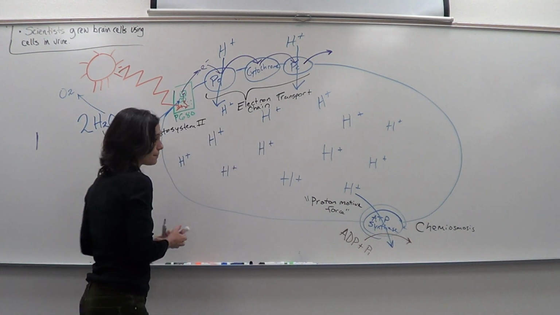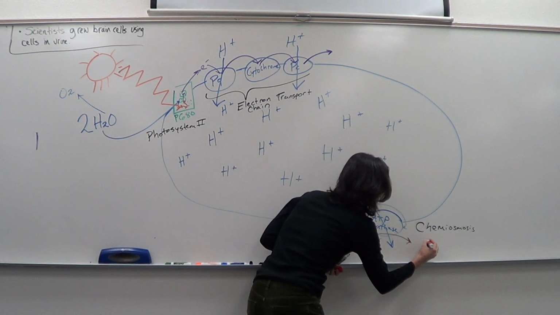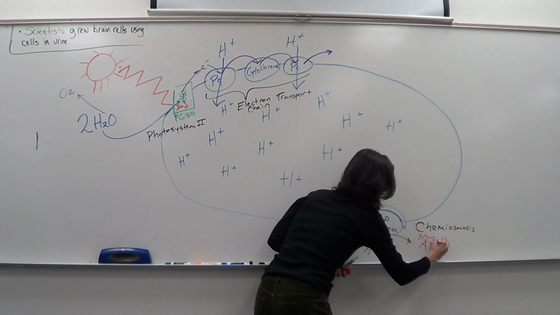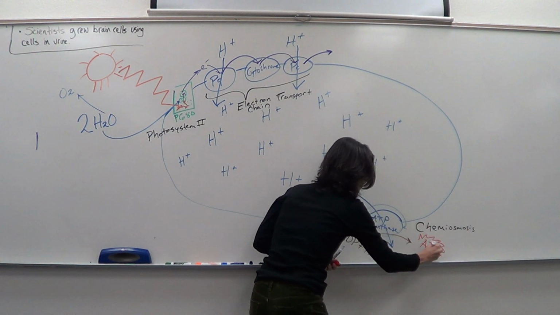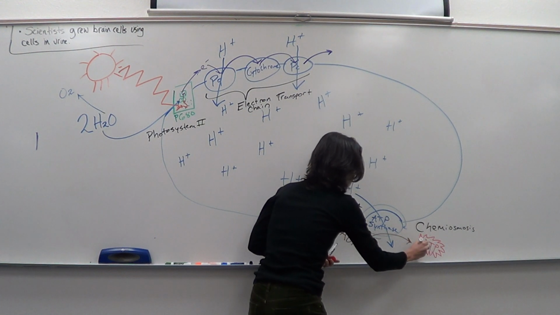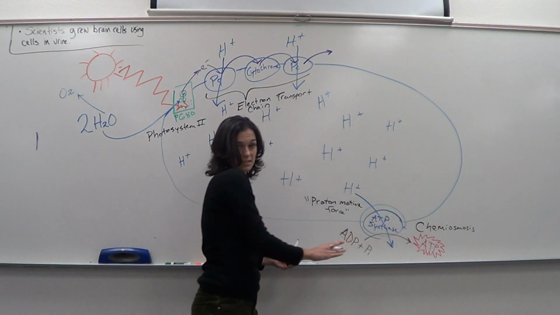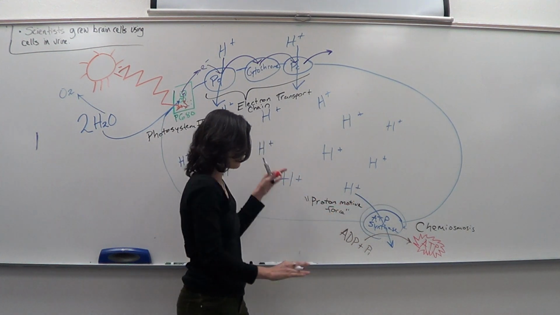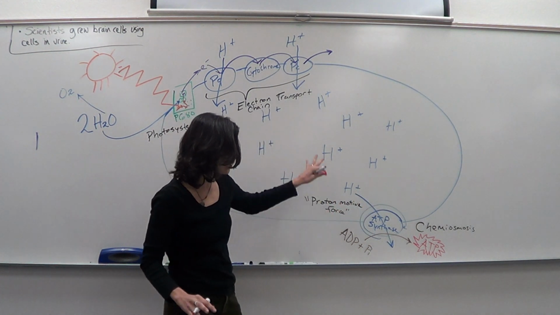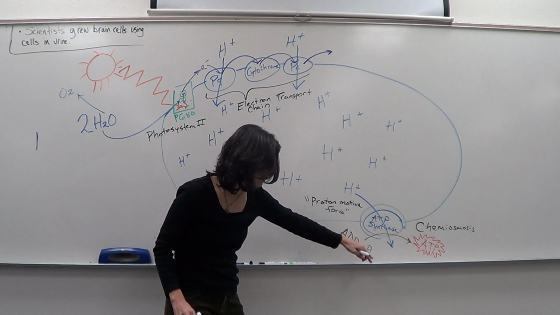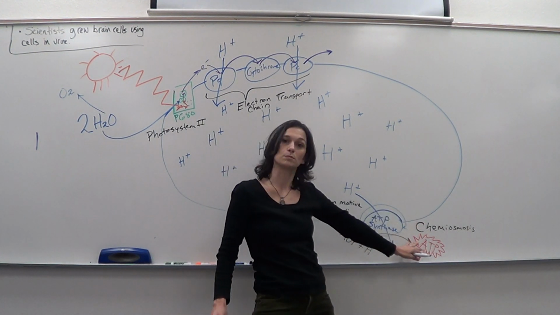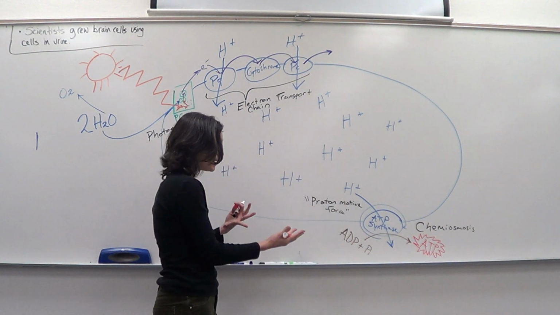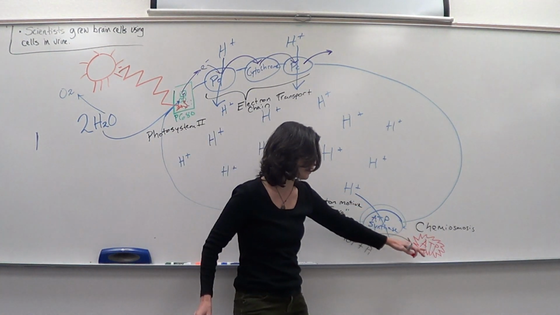What is going to pop out the other side is a high energy molecule of ATP. So basically this is stored energy that's going to be used later on when we get to the Calvin cycle. So ATP synthase revolves because of the proton motive force, and that couples the ADP and the phosphate and forms the molecule ATP, adenosine triphosphate. So basically this is now energy that is stored.